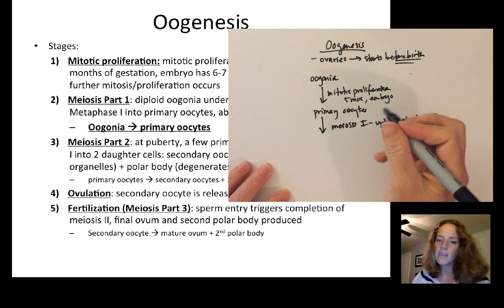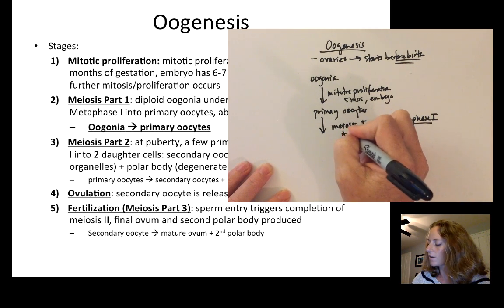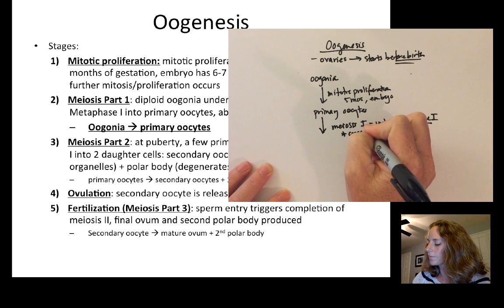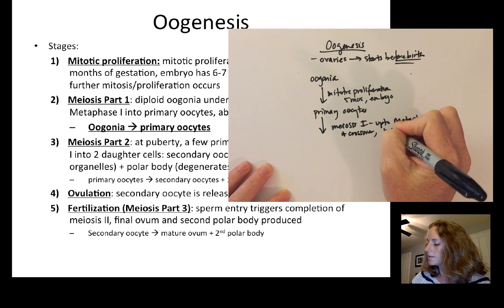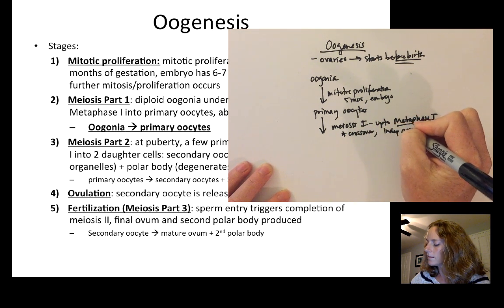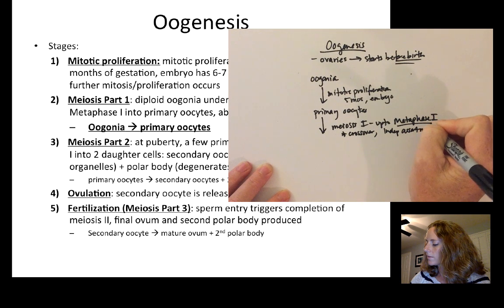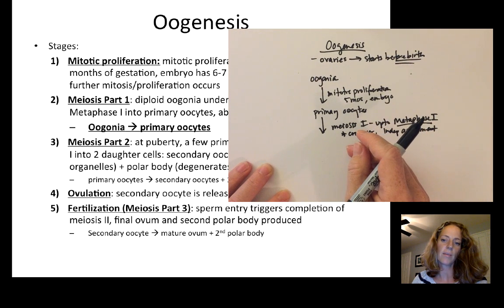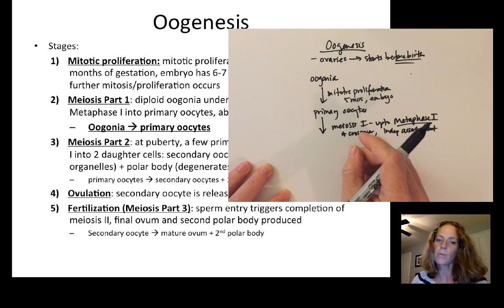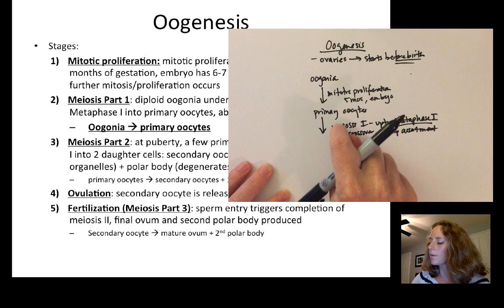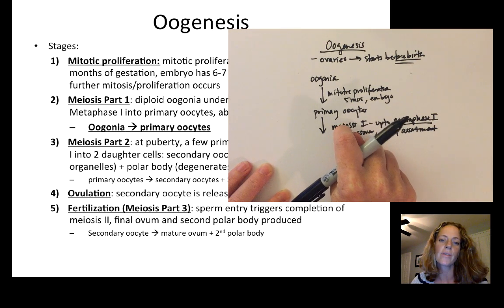Up to metaphase 1 means that they have undergone crossover and independent assortment, so they are genetically variable. There's about 2 million of those at birth. So at birth, a woman has all of the primary oocytes that she will have for the rest of her life.